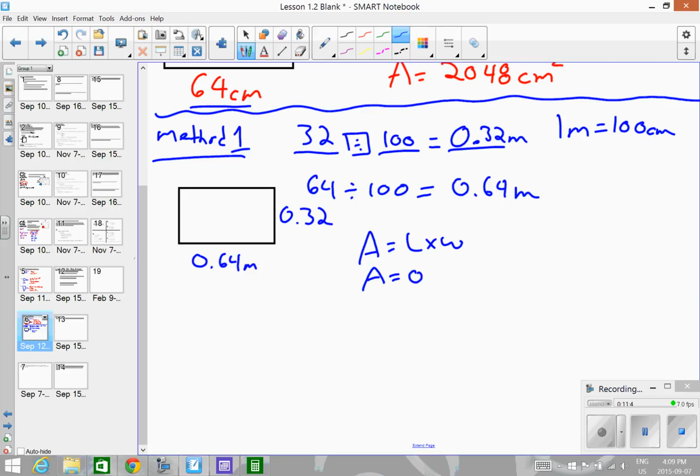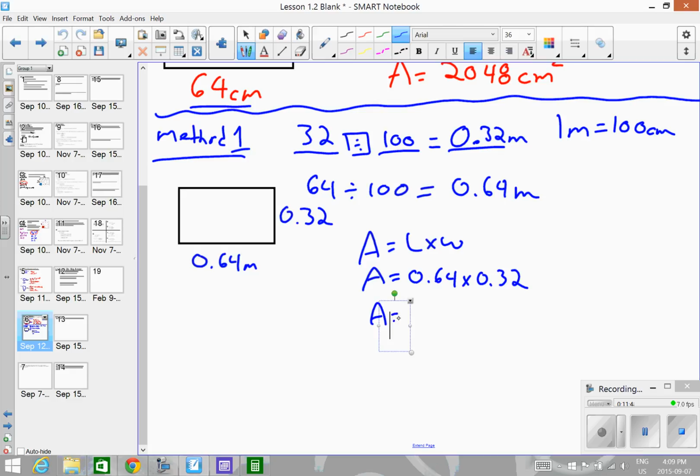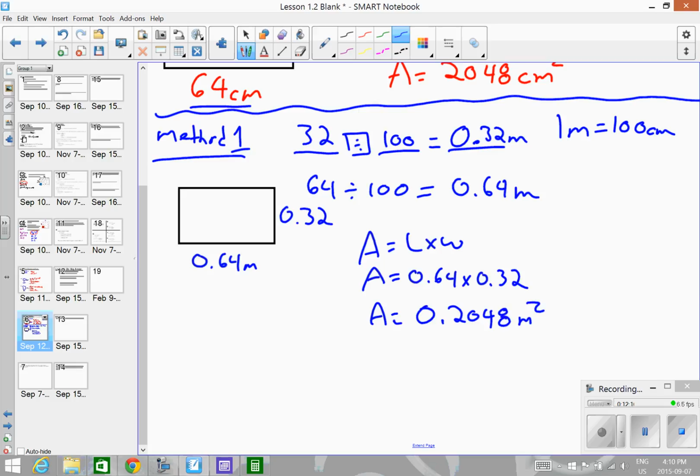It's going to be 0.64 times 0.32. Now that is going to give me an answer of 0.2048 meters squared.